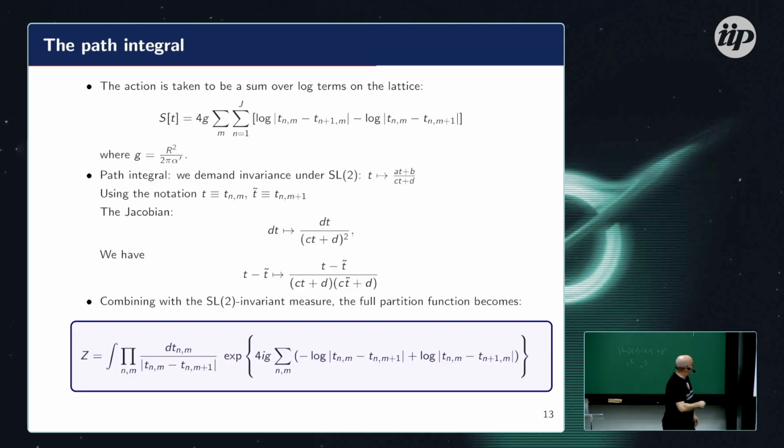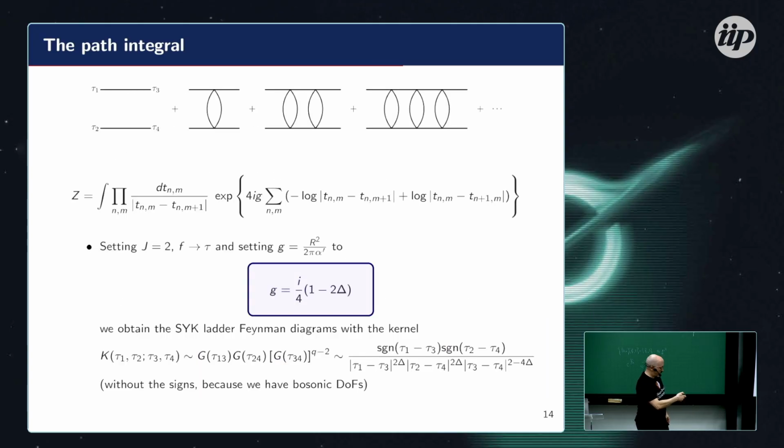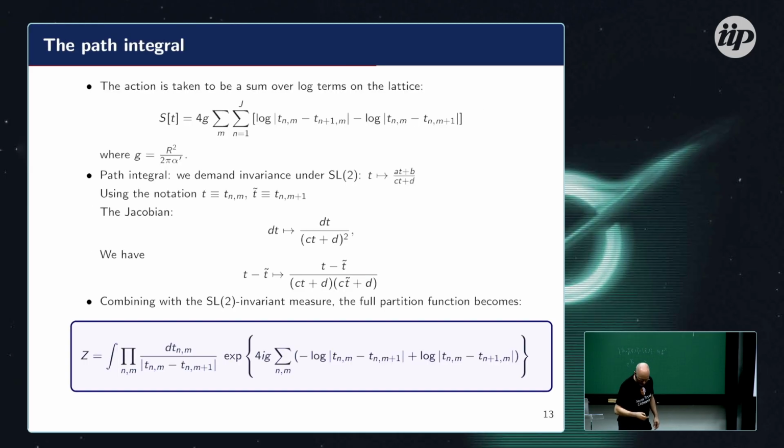So when I write down the path integral under an SL2 transformation, the Jacobian is given here. What happened? And I want to cancel this Ct plus D squared from the denominator. So I need to introduce some extra bit here so that the measure is SL2 invariant, because the action is SL2 invariant. These are some cross ratios.